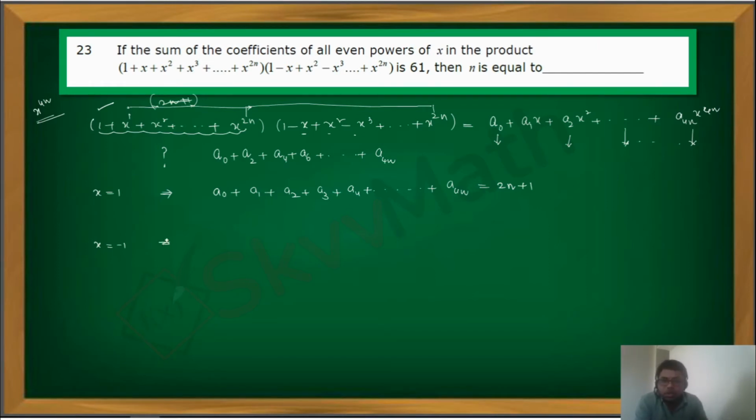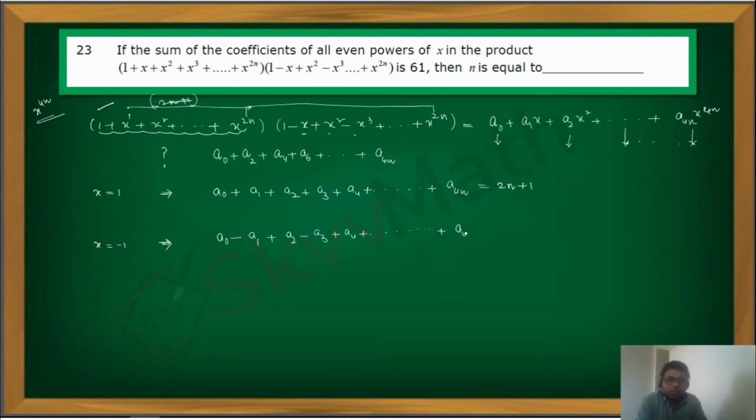Now x equal to minus 1, if I substitute. Here a1 into minus 1 gives a0 minus a1, and minus 1 whole square becomes plus 1, so plus a2. Then minus 1 whole cube gives minus 1, so minus a3. So the result will become a0 minus a1 plus a2 minus a3 plus a4, and in that way you get alternating signs.